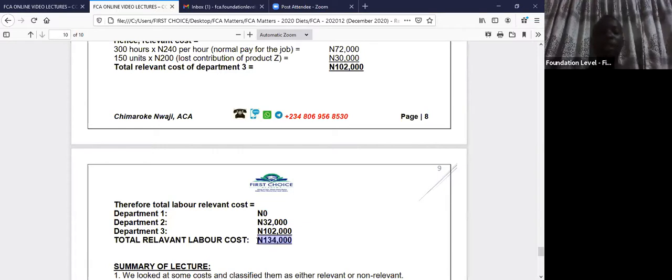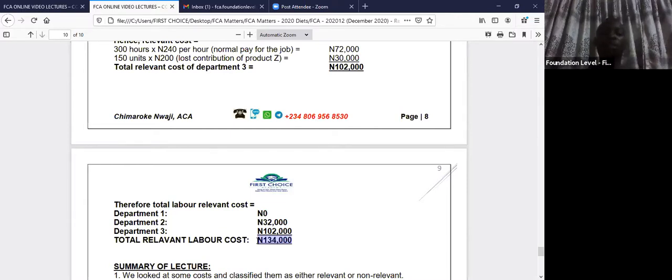You join them together and you want to quote a price. Your total relevant cost of material and labor joined together is the smallest contract price you can give.